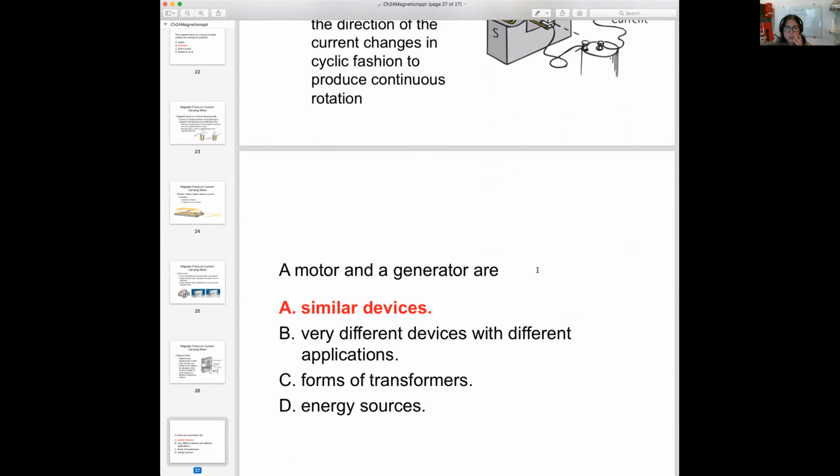That's the electric generator: mechanical motion converts to electrical energy. And in the motor, electrical energy converts into mechanical energy. But the motor and generator work almost the same way, and I'm going to discuss that in the next video.